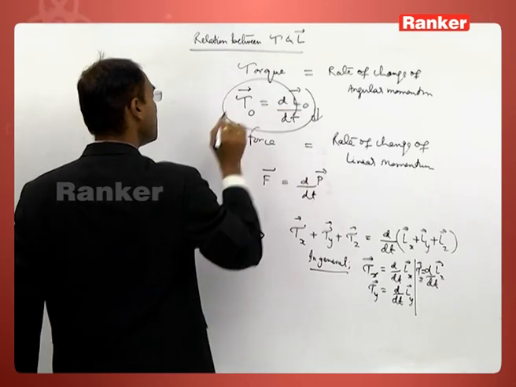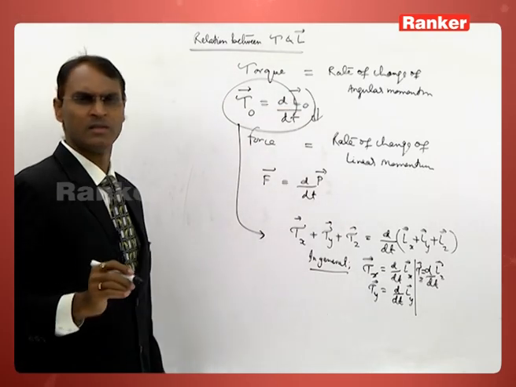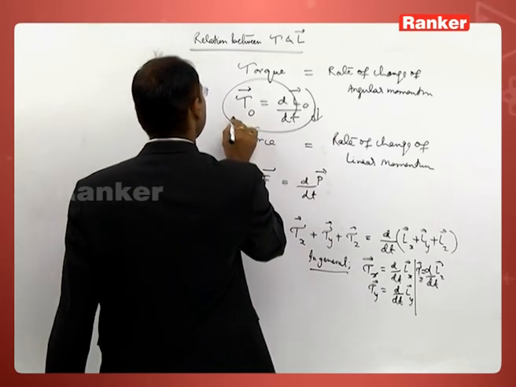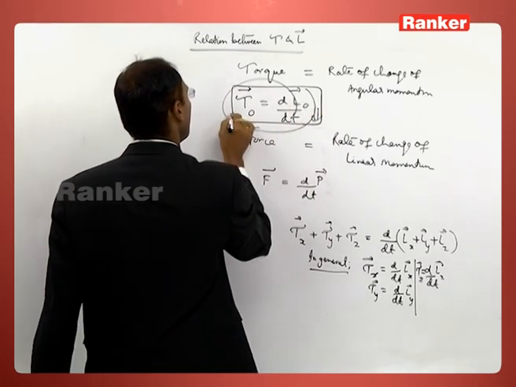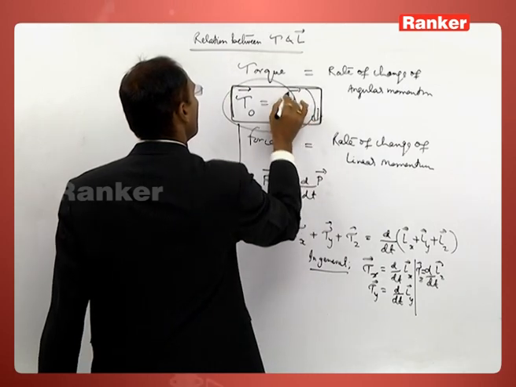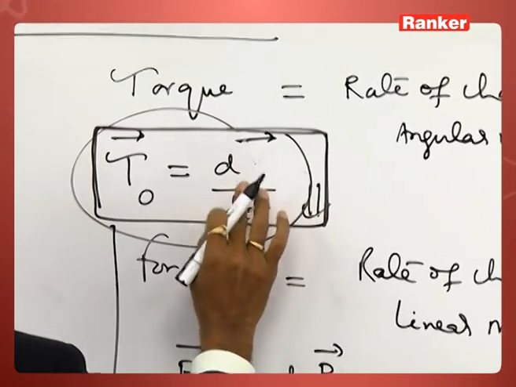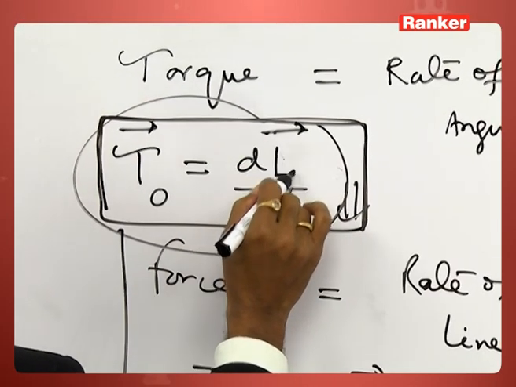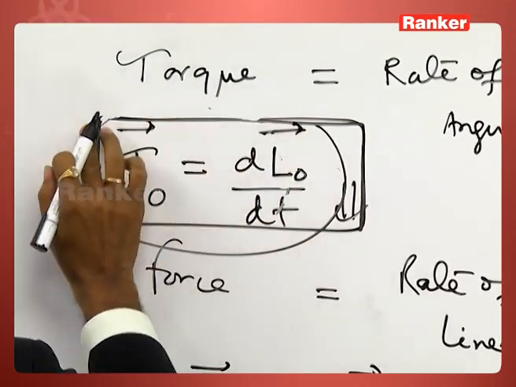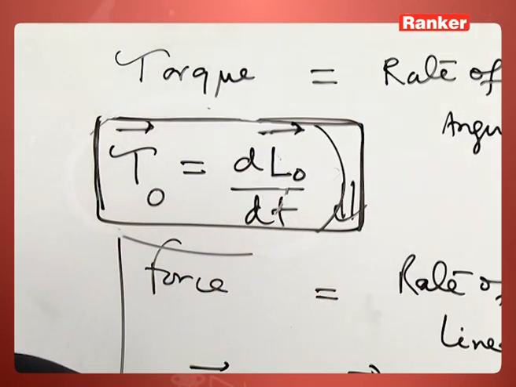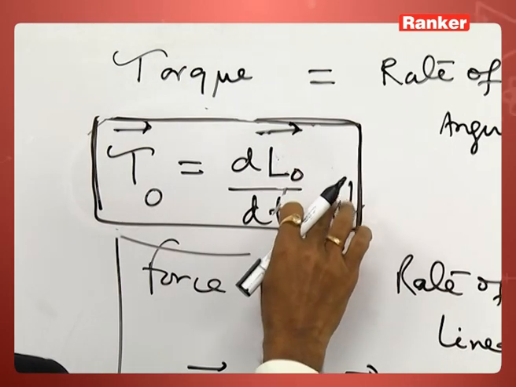Whenever angular momentum changes, the particle must experience a torque. So, this is the equation: torque about any point will be equal to rate of change of angular momentum about that point.